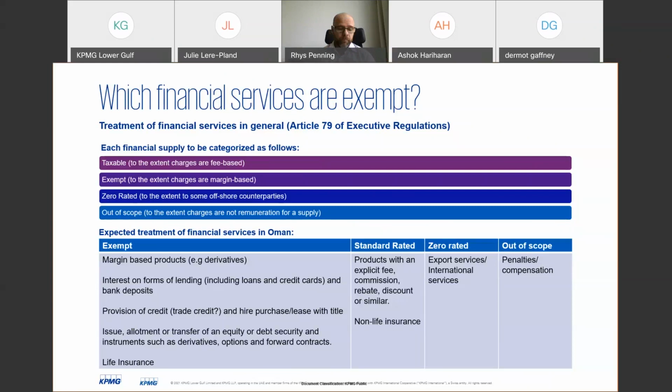Services related to financial services are taxable. So for instance, brokerage on the trading of securities, or an agency fee for entering into a life insurance arrangement. The underlying transaction, the equity transaction or the life insurance, is exempt, but the services related to it are taxable.